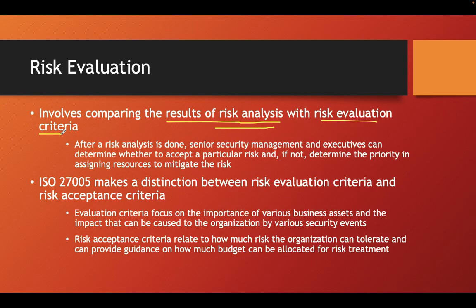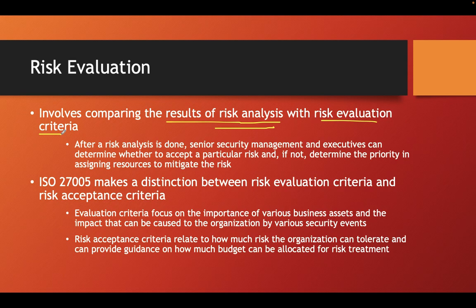We say that after a risk analysis is done on your organization or enterprise, senior security management and the executives will determine whether to accept a particular risk and, if not, determine the priority in assigning resources to mitigate the risk.